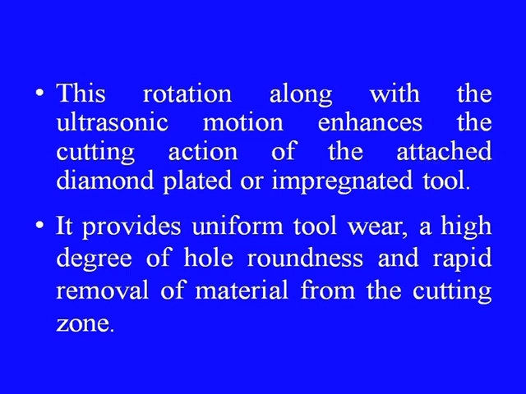It also provides uniform tool wear, a high degree of hole roundness and rapid removal of material from the cutting zone. Therefore, it is good for higher productivity and better finish.